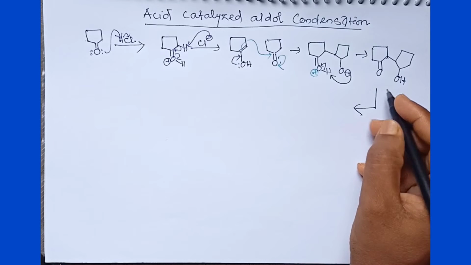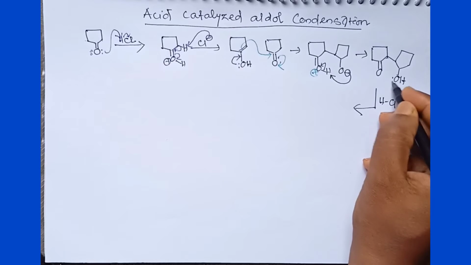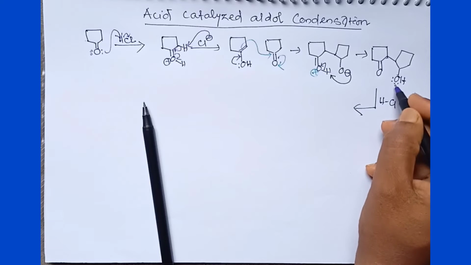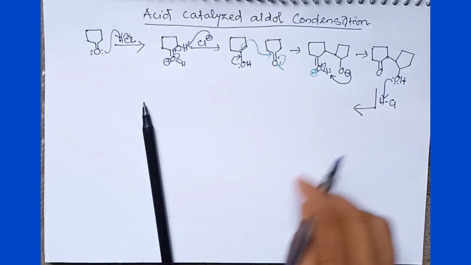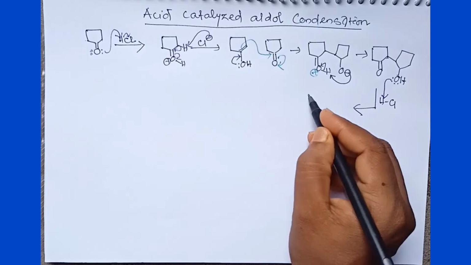We have dilute HCl in the medium. So this oxygen is again protonated to form the hydronium ion.